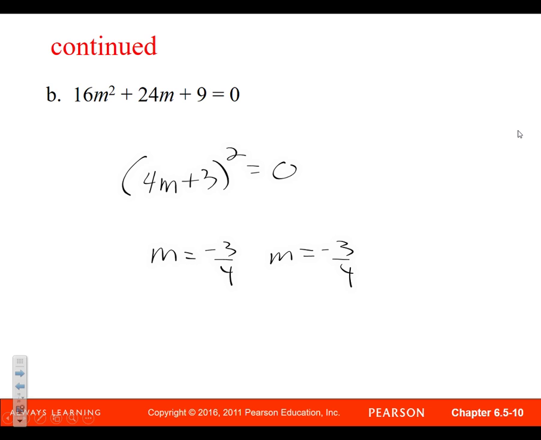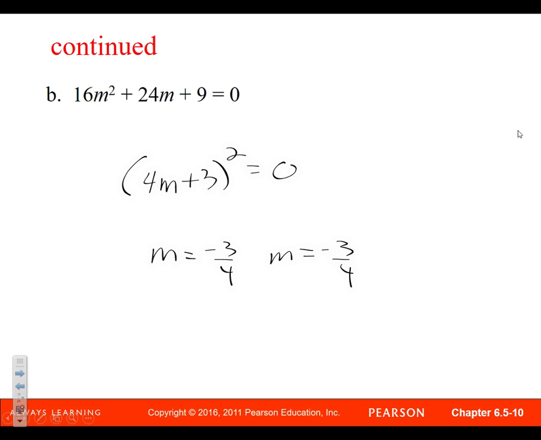Did anybody bother to check if this was a perfect square? Well, that's why you need more practice, then you'll notice it.